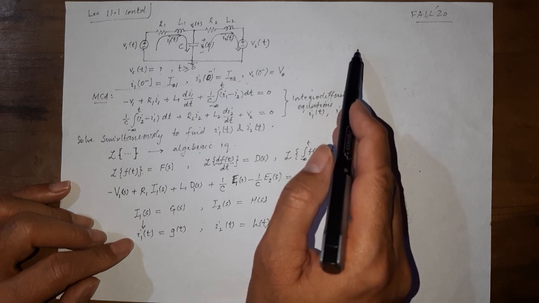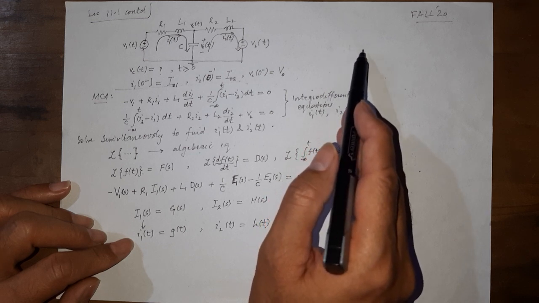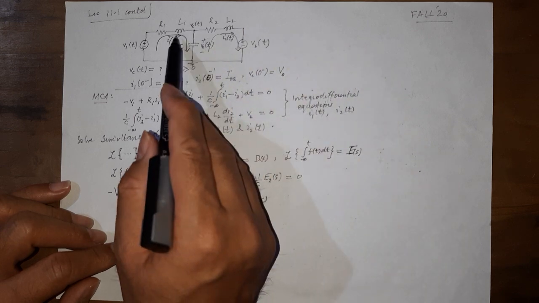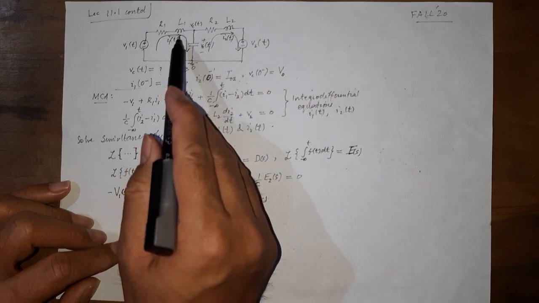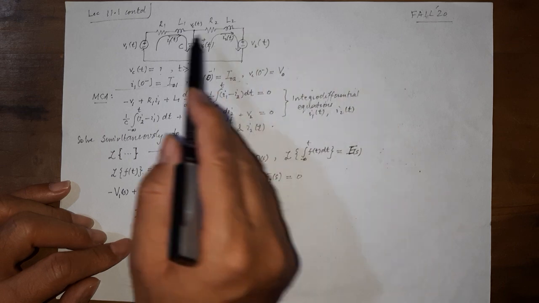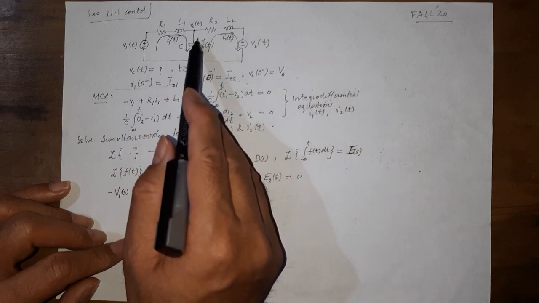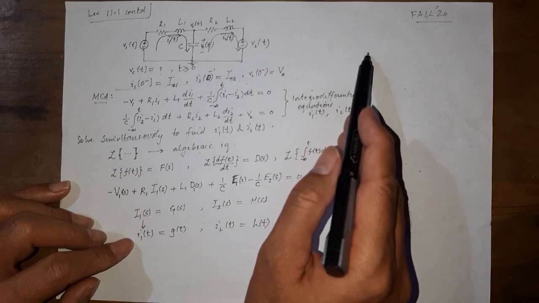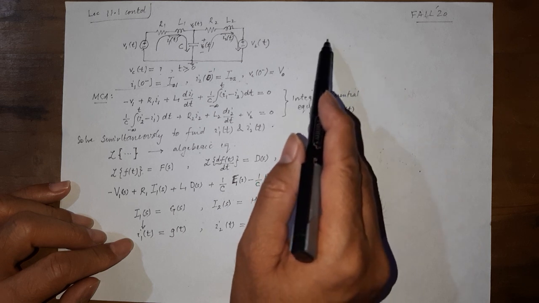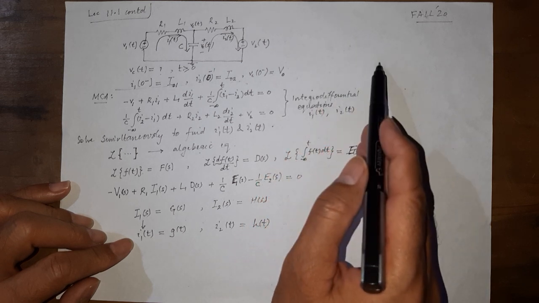However, this is a little more involved than the phasor case. Why? Because the initial conditions here also play a role. So the initial current in the inductor and the initial voltage across the capacitor also play a role. And then we are going to get a circuit nonetheless.